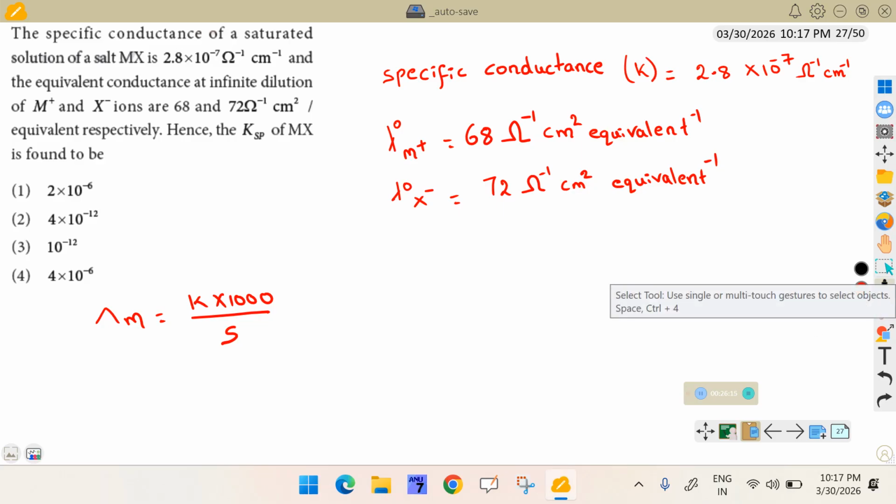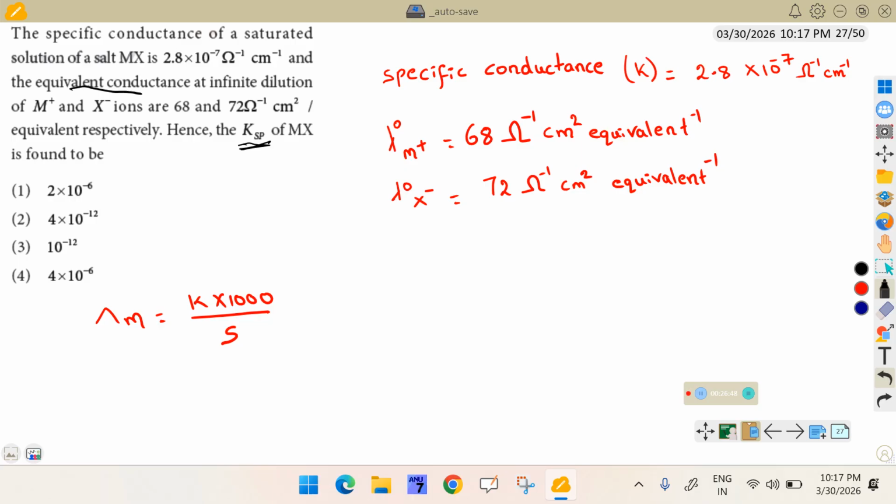The specific conductance of a saturated solution of a salt MX is 2.8 into 10 power minus 7 ohm inverse centimeter inverse, and the equivalent conductances at infinite dilution of M plus and X minus are 68 and 72 ohm inverse centimeter square equivalent inverse respectively.